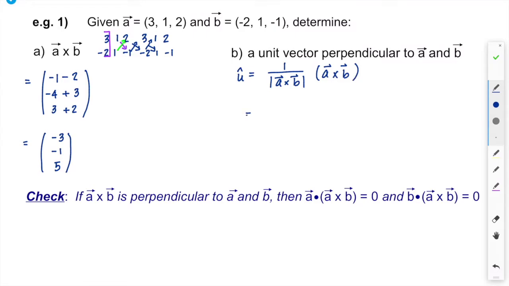So I will need to calculate the magnitude of A cross B. So -3 squared, 9. 1 squared, 1. 5 squared, 25. Times -3, -1, and 5. So I have 1 over square root of 35 multiplied to every component.